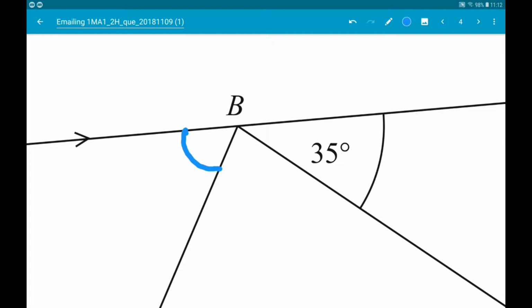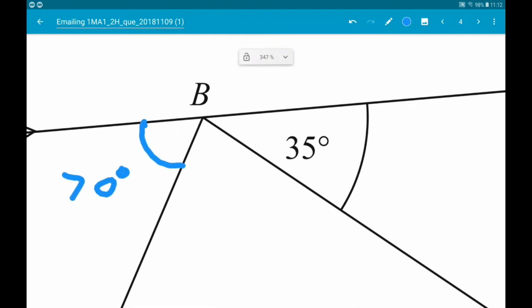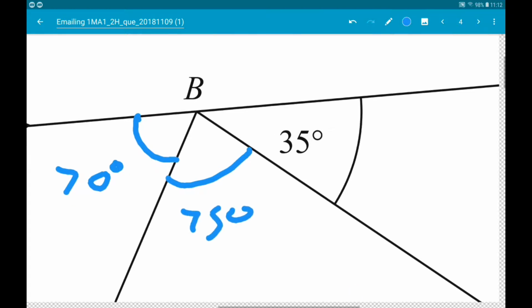So this angle is 70 degrees. Now we have the same sort of situation, 3 angles on a straight line. So 70 add 35 is 105. That means then this angle has to be 75 degrees.